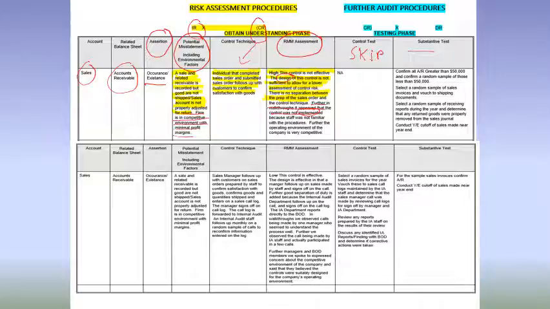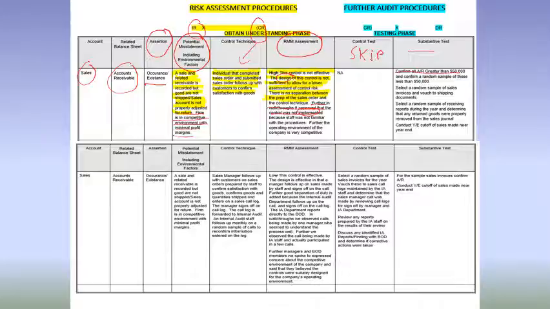And notice here we're saying confirm accounts receivable, etc. And we are going to use a procedure that is effective to help detect misstatement now in our existence occurrence assertion by pulling a sample from the financial statements and sending out the confirmation letters to help us with the existence assertion.